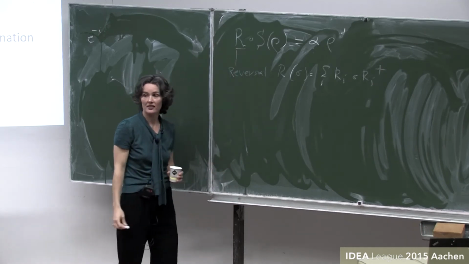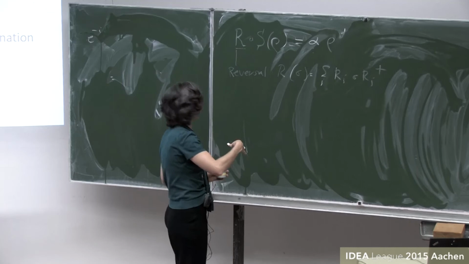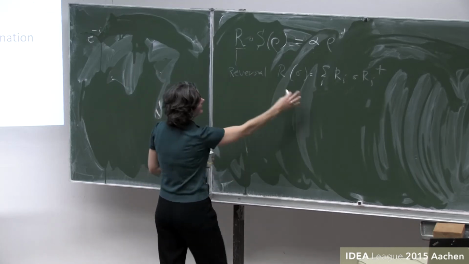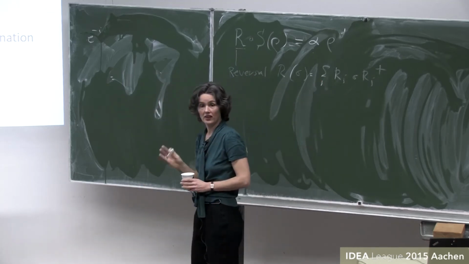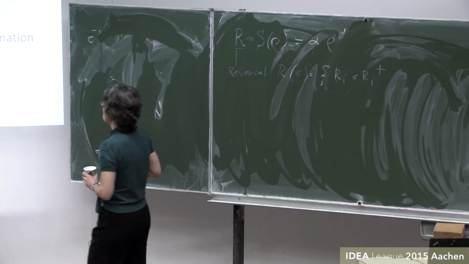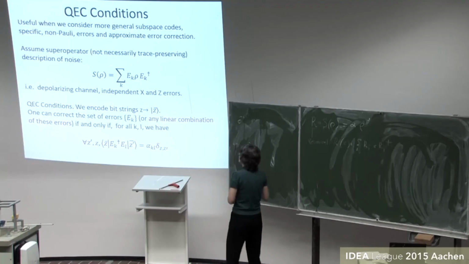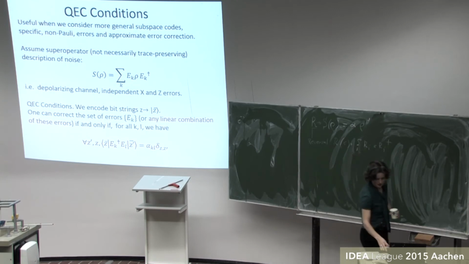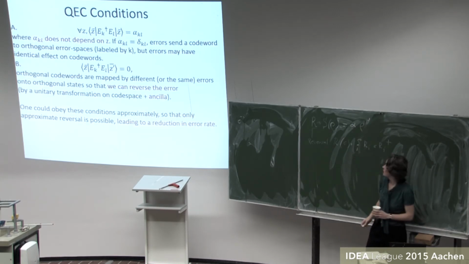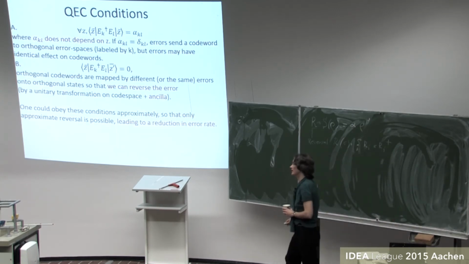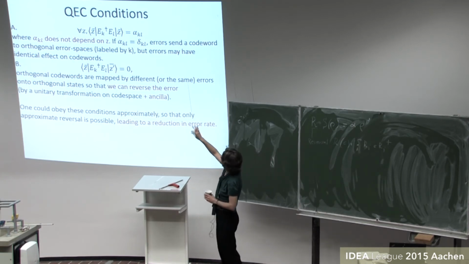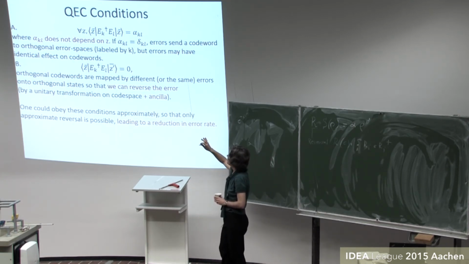So there must be dependence between the choice of the code words and the action of the errors. And that's what the quantum error correction conditions tell you. This is just at the intuitive level, because we're going to try to show this in a moment.